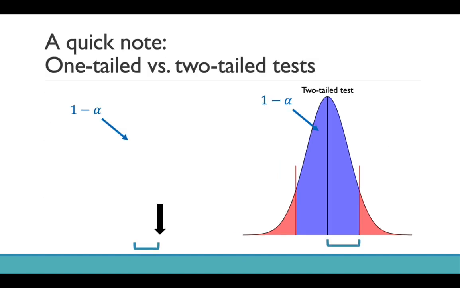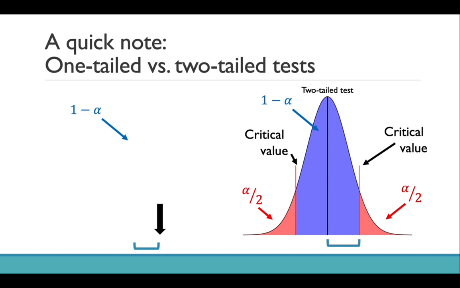Recall from a few slides back that hypotheses and tests can either be one- or two-tailed. Here we can see why. In a two-tailed test, we have two critical regions, one at the positive end of the distribution and one at the negative end. We also have two critical values. One defines the lower bound of the critical region at the positive end of the distribution, and the other defines the upper bound of the critical region at the negative end of the distribution.